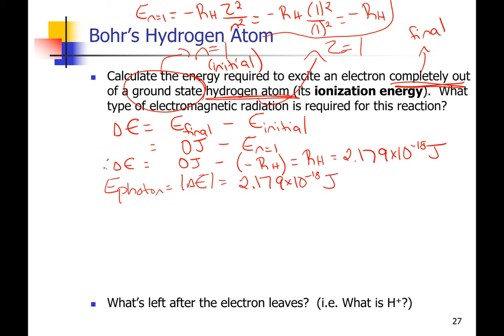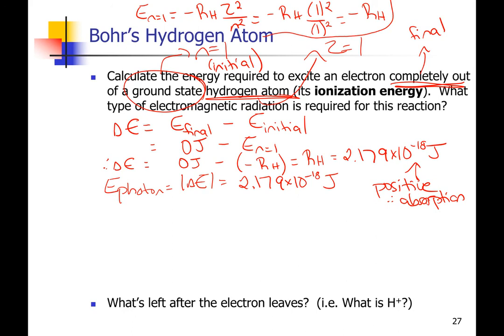That guy was positive and therefore an absorption. Now, as a follow-up question, we're asked what type of electromagnetic radiation is required for the reaction. I have not memorized exactly which energies go with which types of radiation, so I would convert my energy into a wavelength because that's my frame of reference that I know.